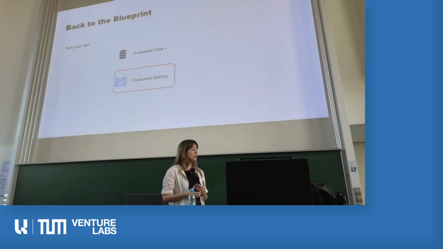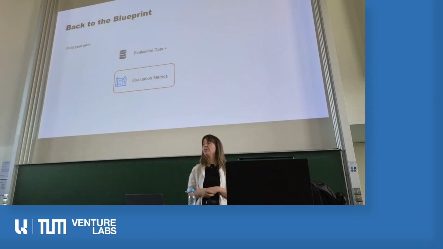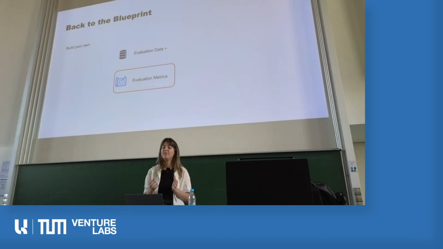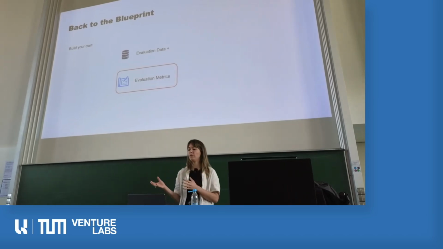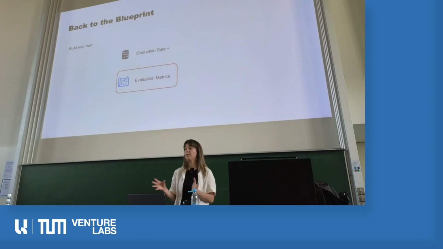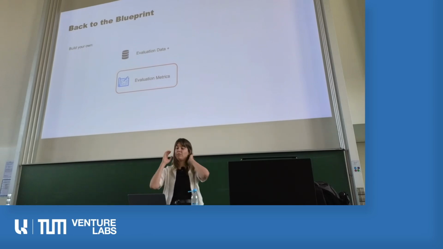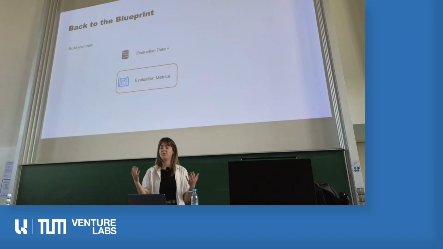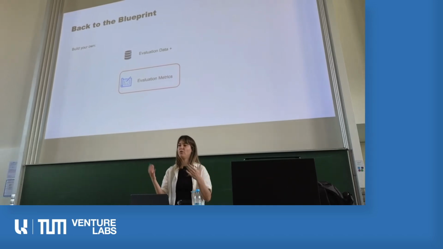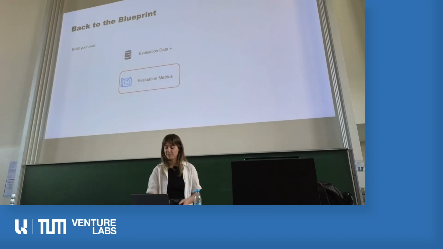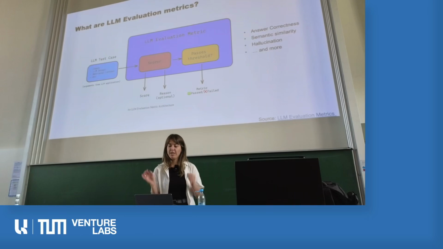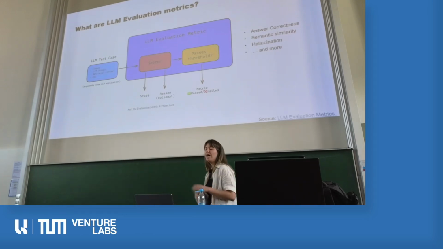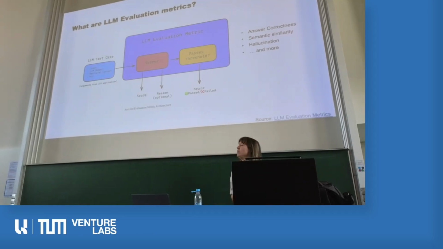But as I mentioned earlier, your evaluation pipeline gets better if you have good evaluation data, but also good evaluation metrics. In the second part, I just want to cover evaluation metrics, because there are so many out there, and where do you start? How do you structure your brain in this aspect? Before going into further details, I want to highlight what LLM evaluation metrics are.